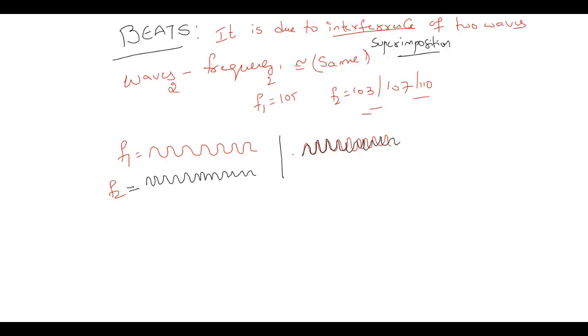So like this, if you observe here, here they are same. But when it comes to here, can you see? One will be like this, another will be like this. So when I join both, then the wave comes like this. After mixing both the waves appear like this.